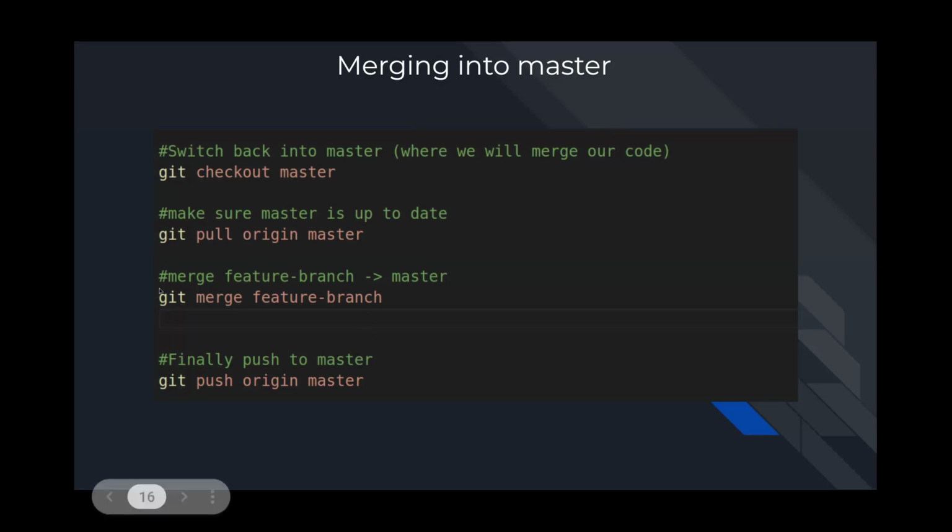I know git merge feature branch may be a little counterintuitive, but what it's really saying is I want you to merge feature branch into the current branch that I'm in. And since we changed to master, that would be master. And then finally, you would want to push origin master. And this will commit all your changes directly to master.